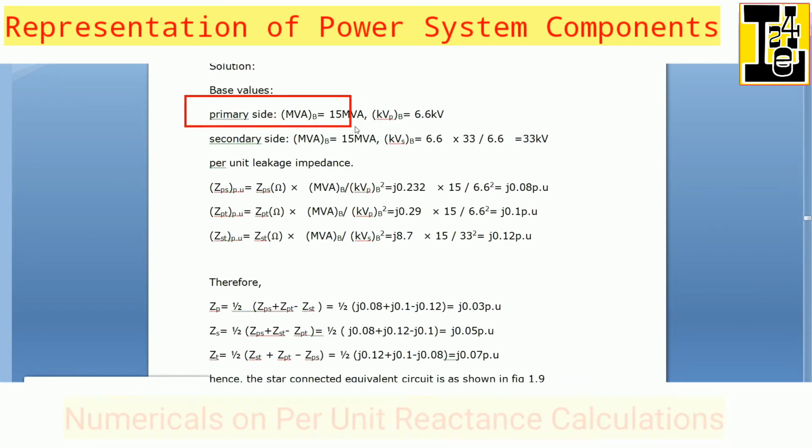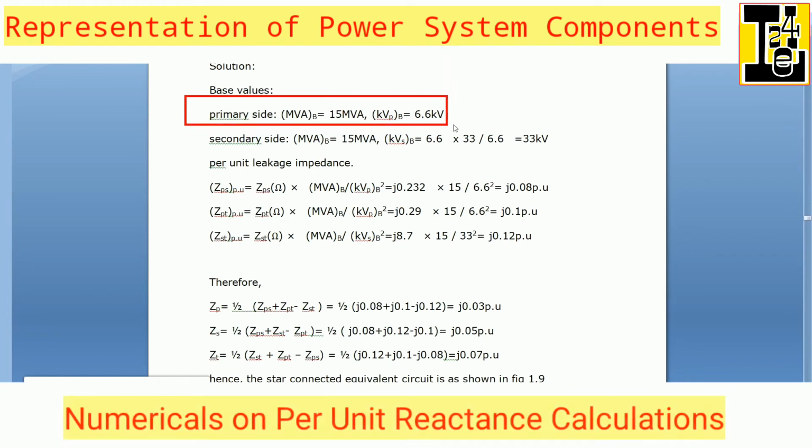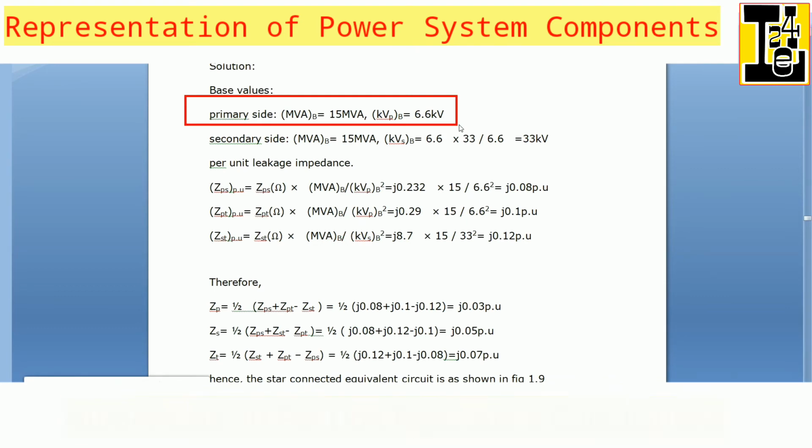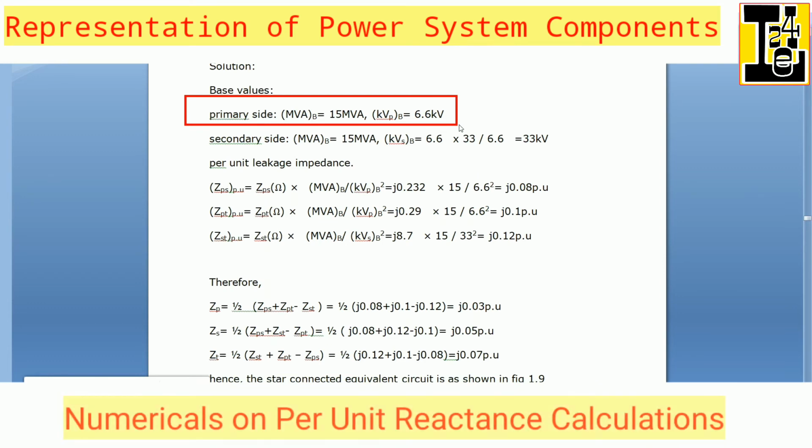We have a primary side base MVA of 15 MVA, kV base at the primary side as 6.6 kV. Secondary side MVA base is 15 MVA, and the kV base is calculated as 6.6 kV into 33 divided by 6.6, which is 33 kV.